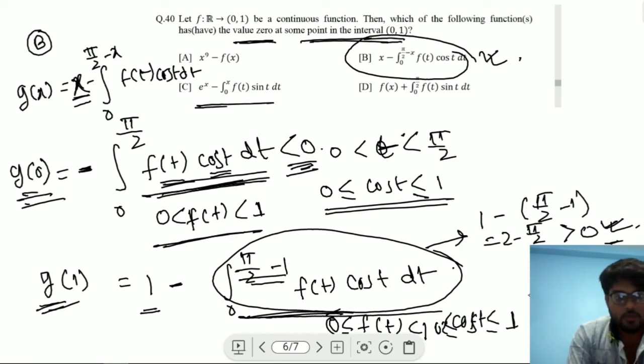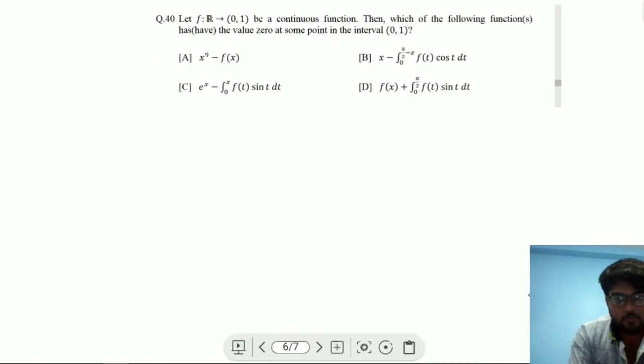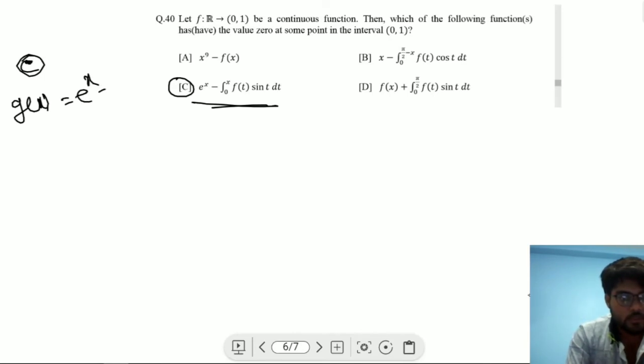Now we'll check for this one, option C. So we'll consider the function g(x) as follows: g(x) equals integral from 0 to x of f(t) sin t dt.